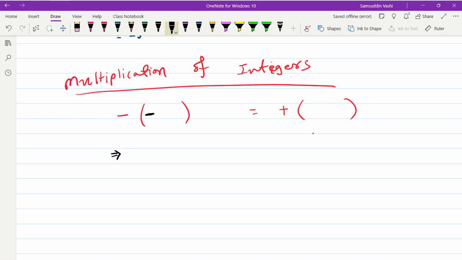It's positive, isn't it? So that's my first rule. Negative times negative is positive. Right. And then if I have a negative here, it stays the same. It means the negative will stay as it is, isn't it? So the second rule is positive times negative is negative.